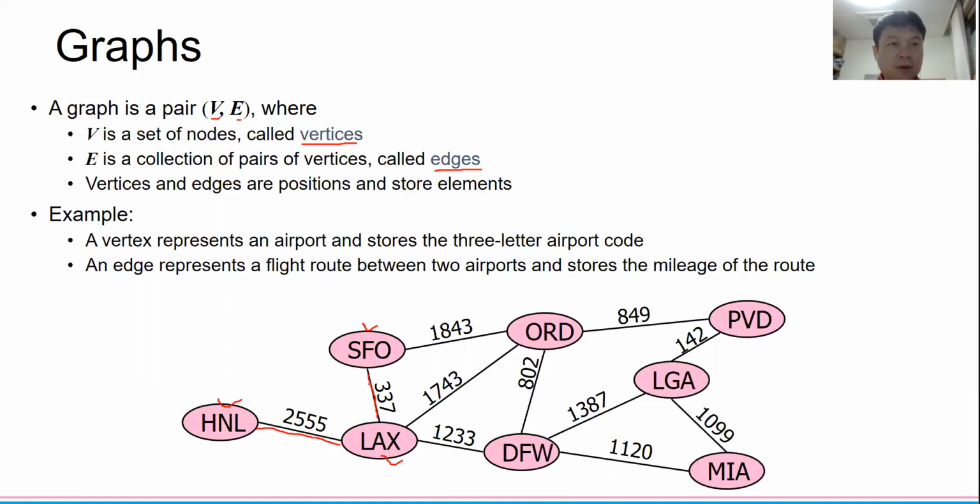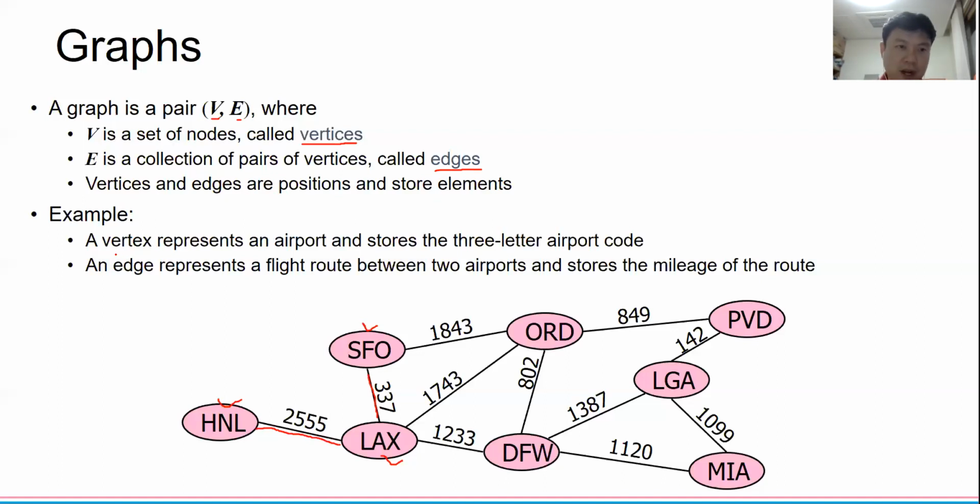In this data structure, we can say that the vertices are positions and the edges are also positions, and they store elements. We will see more examples later about how we can work with graphs.